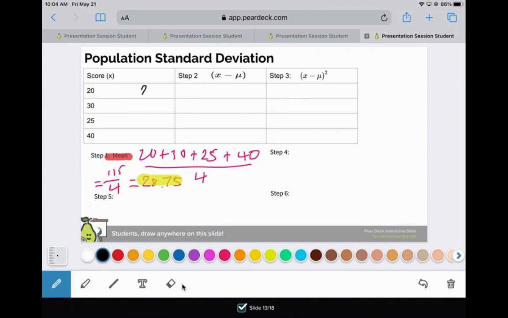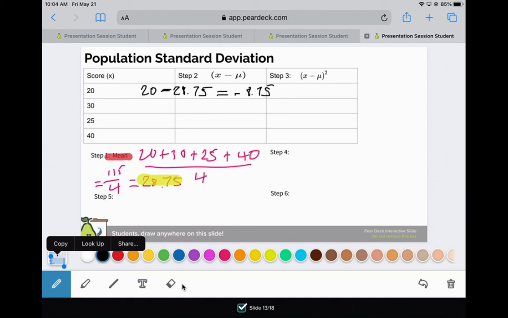So I'm taking 20 minus 28.75. That will give you negative 8.75. Now I'm going to do step 2 and step 3 at the same time, which is I'm going to square the values.